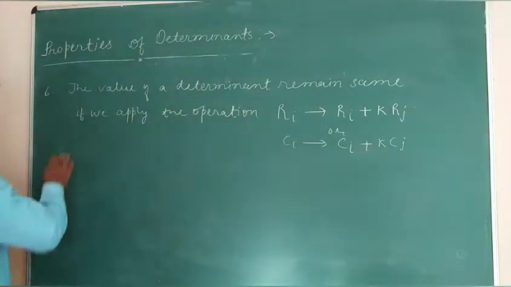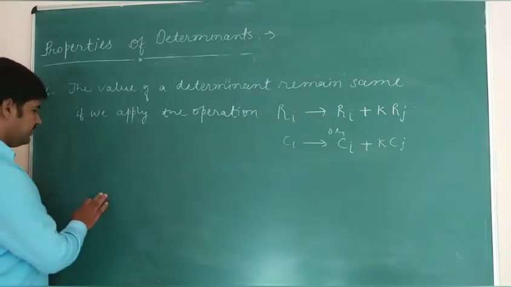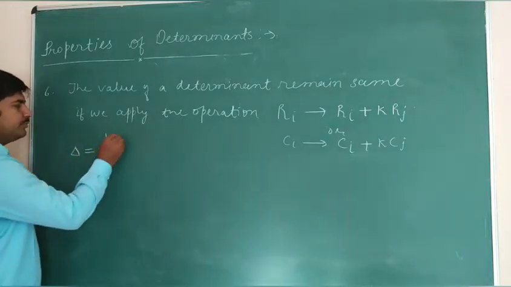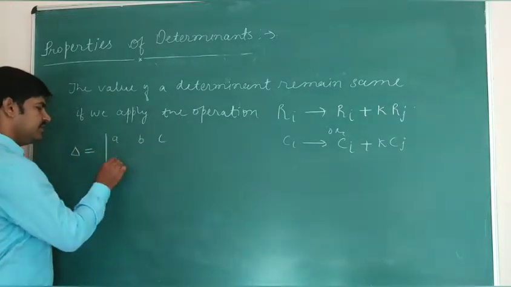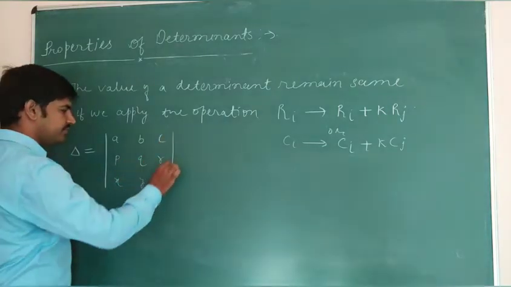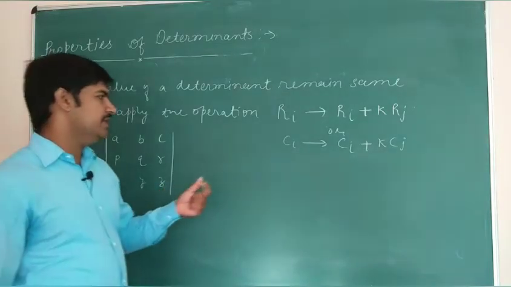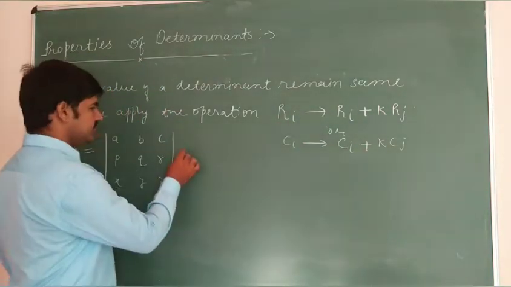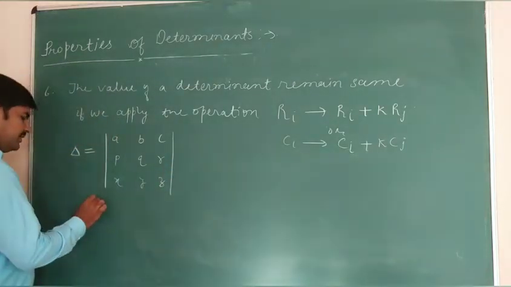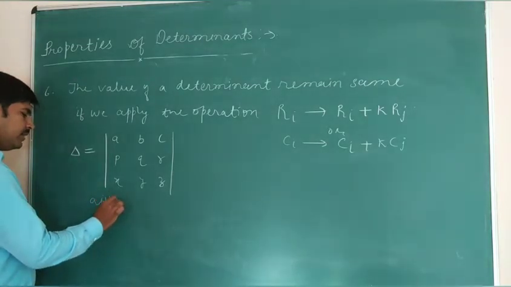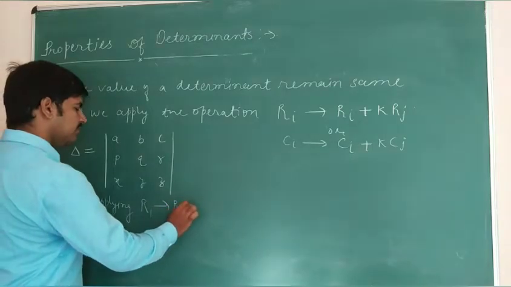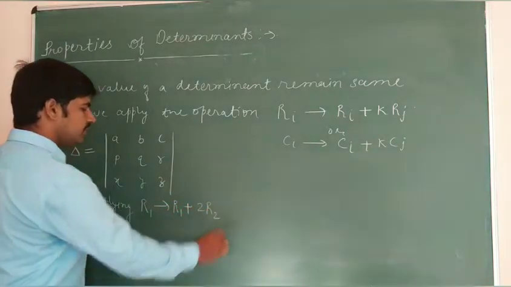Let us quickly check this particular property. Dear students, if I take a determinant del equal to ABC, PQR, XYZ, and if I apply one of these operations, the operation that I am applying here is R1 plus 2 times R2.